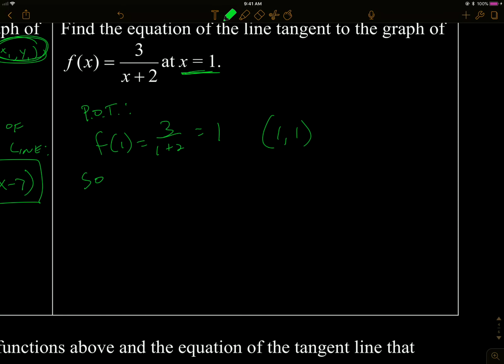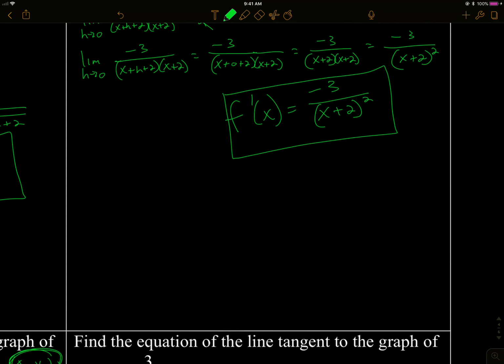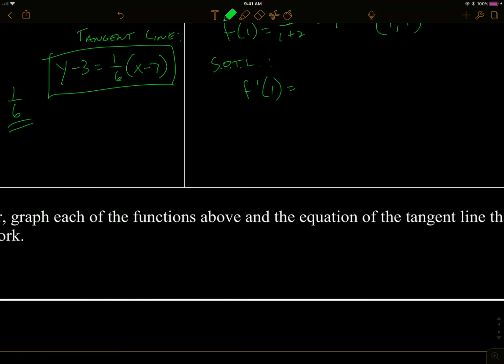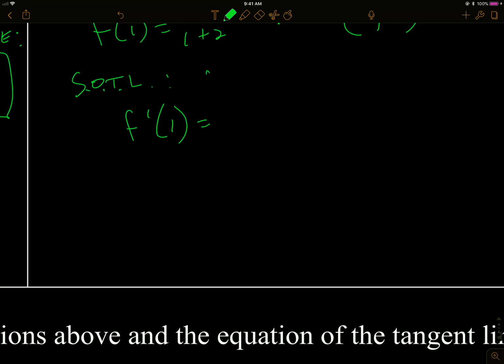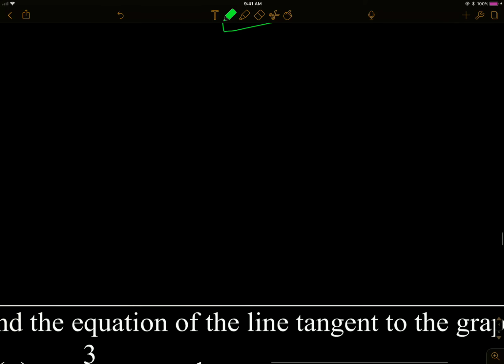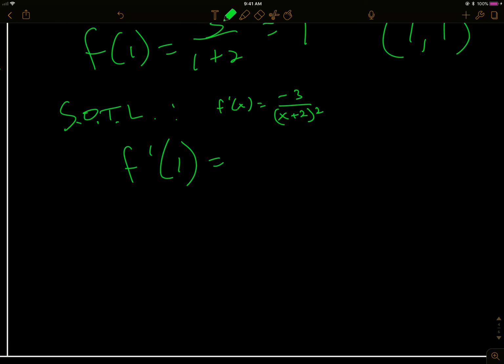We need the slope of the tangent line. We're going to plug 1 into the derivative, which was negative 3 over (x plus 2) squared. All right, so we're going to say negative 3 over (1 plus 2) squared.